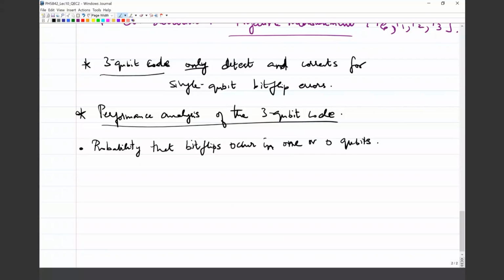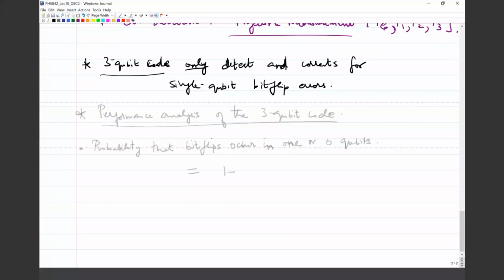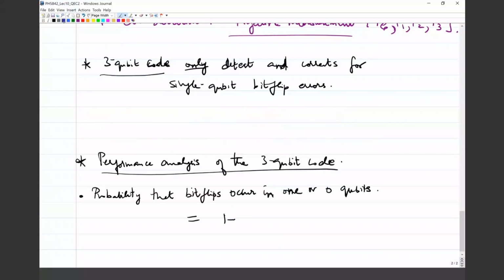If you remember the channel itself, let me quickly write down the single qubit bit flip channel.